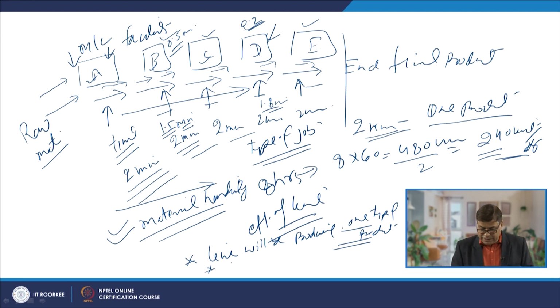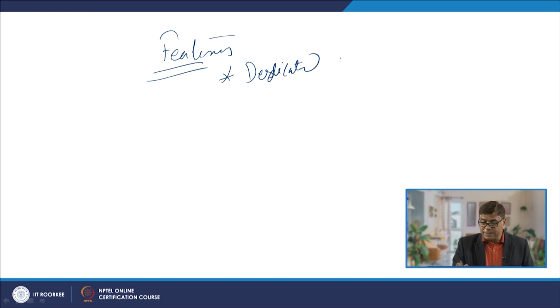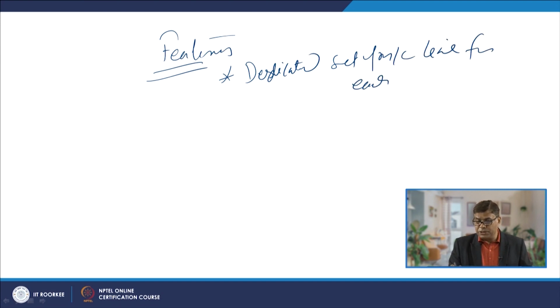Each line will have dedicated facilities for each type of product in the case of the product layout, and that is very important. So, the features of the product layout which will affect the design include a dedicated set of machines, which means a dedicated line for each product.